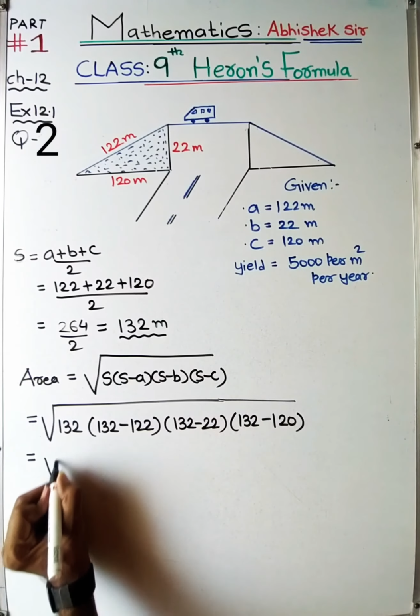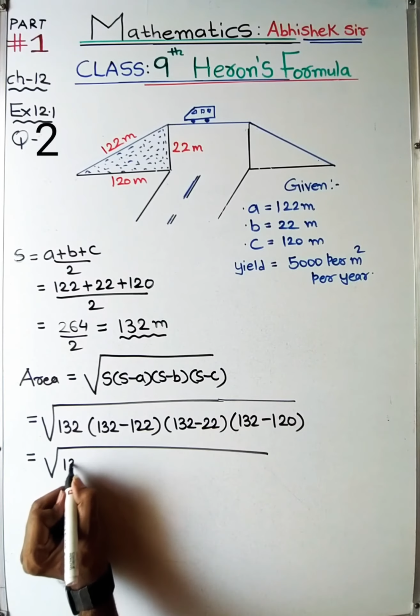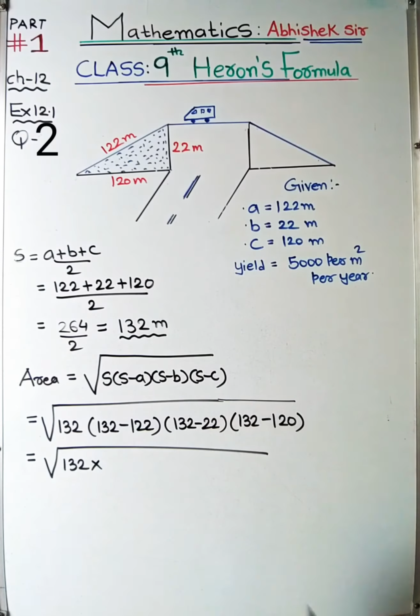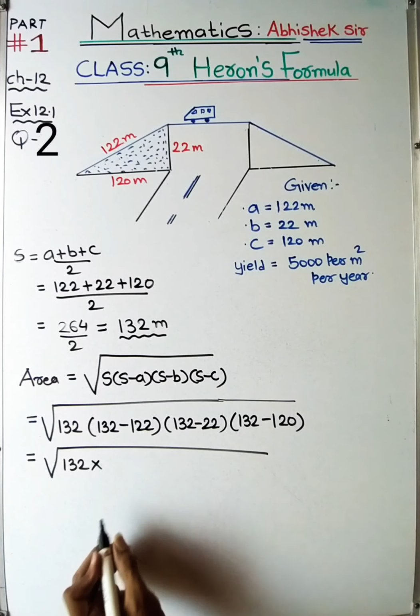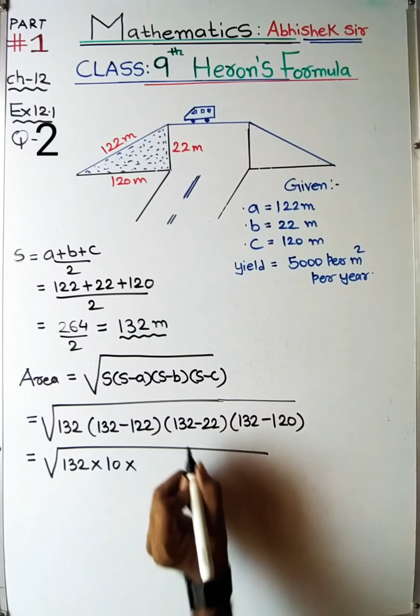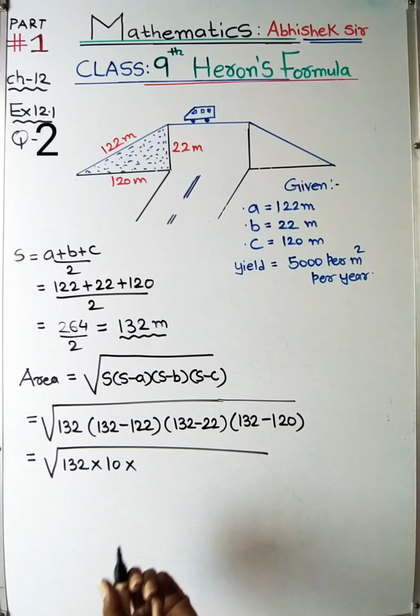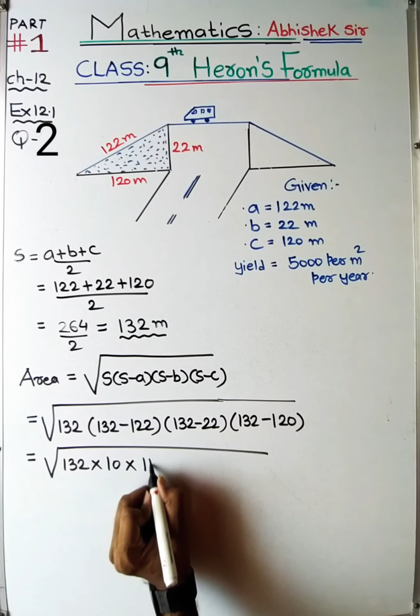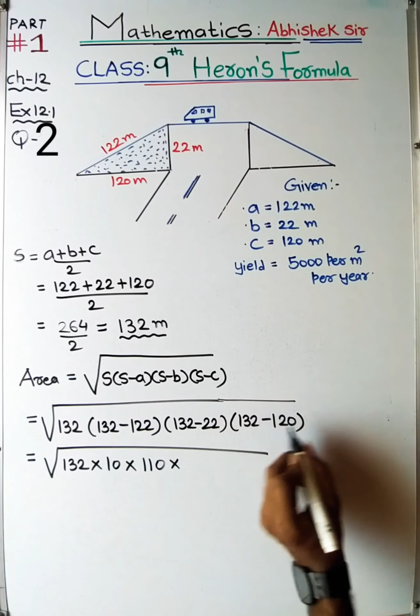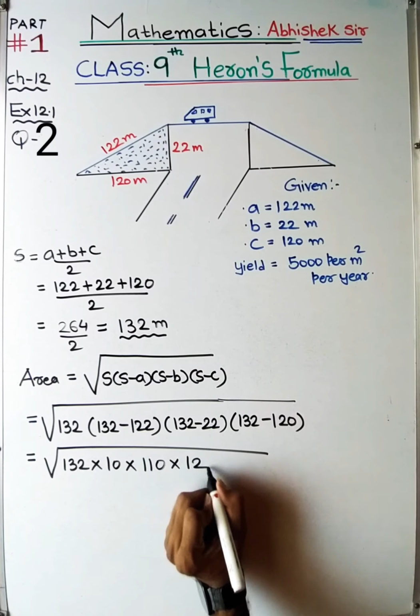Here it will be 132 into 132 minus 122, so that will be only 10, into 132 minus 22, so that will be 110, and the last one 132 minus 120, so that will give you 12.